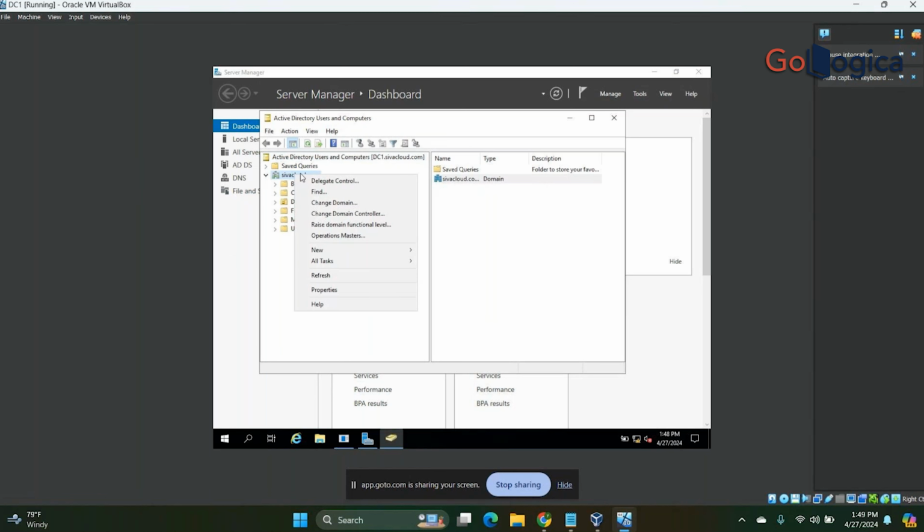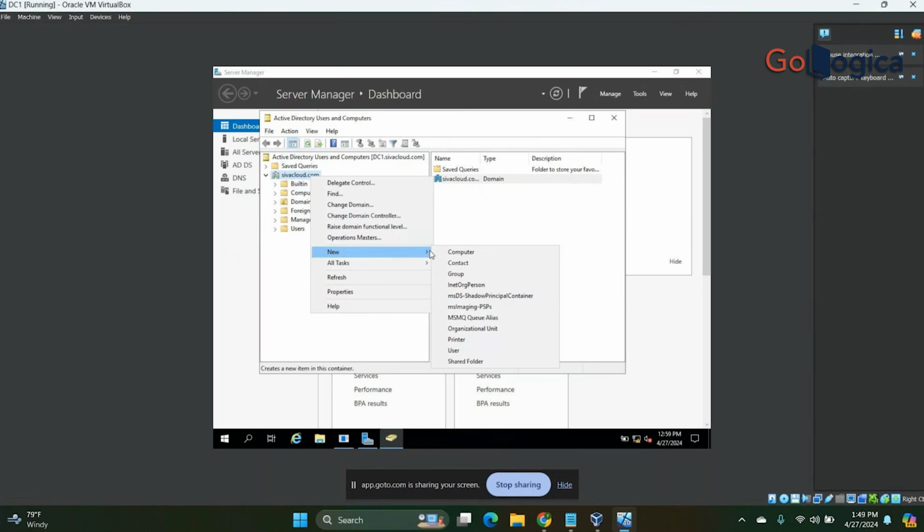Now go to the New button. Now in New you can go there and use OU. There is an organizational unit supposed to be there. Now click over there.